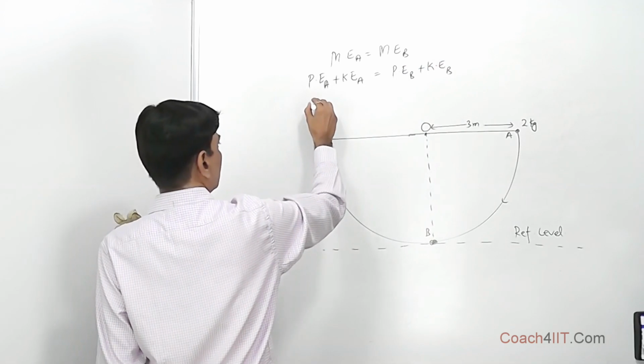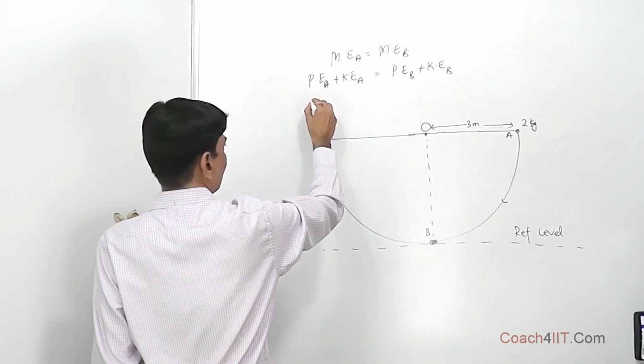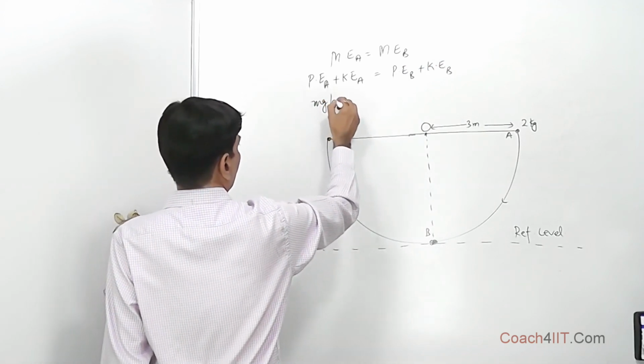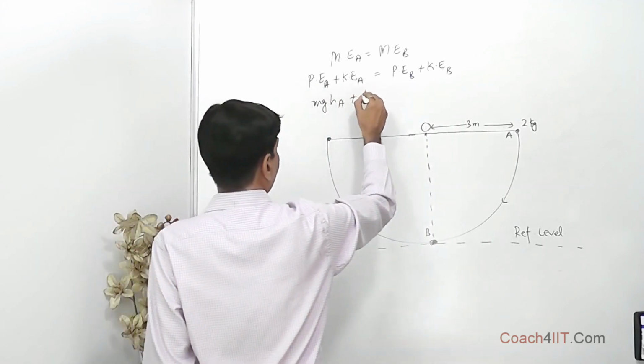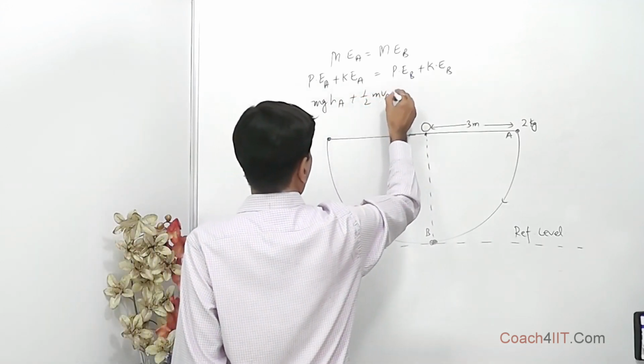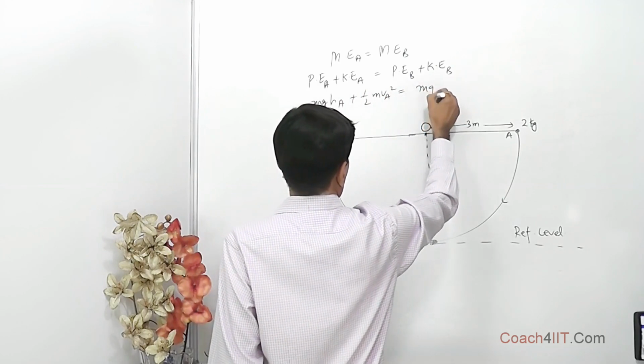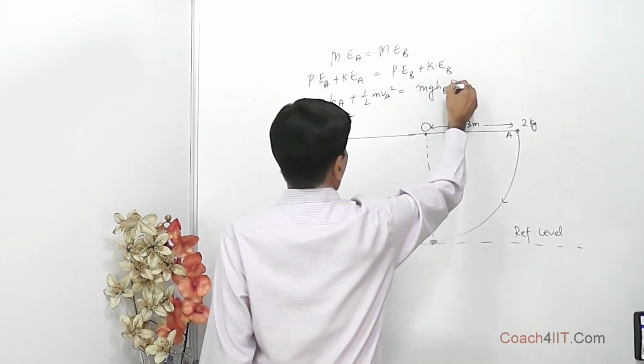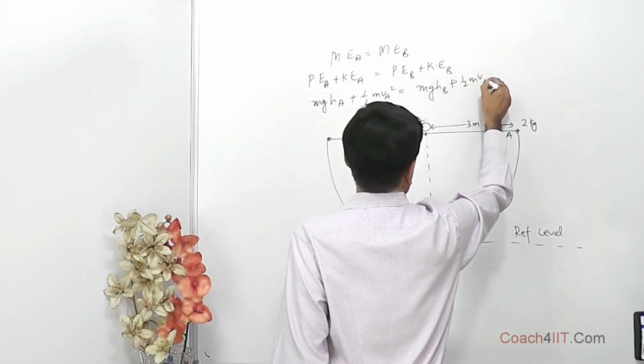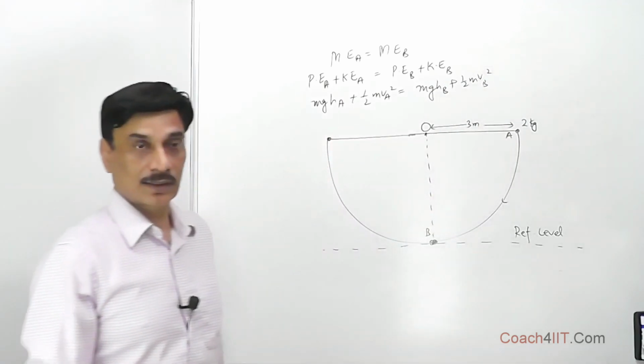That is mg HA plus kinetic energy half m VA square is equal to mg height of B plus half m VB square. That is what it means.